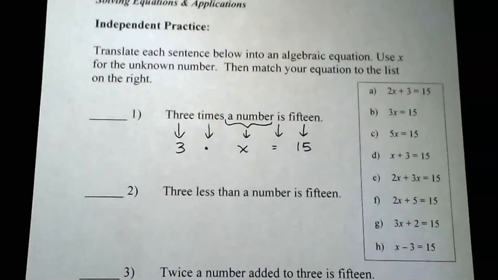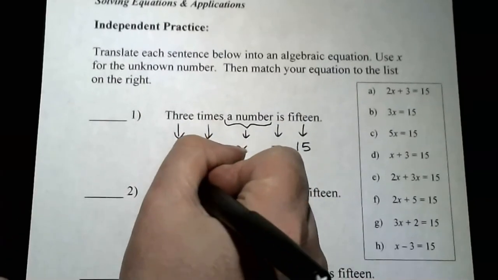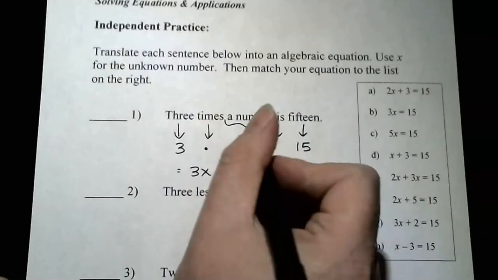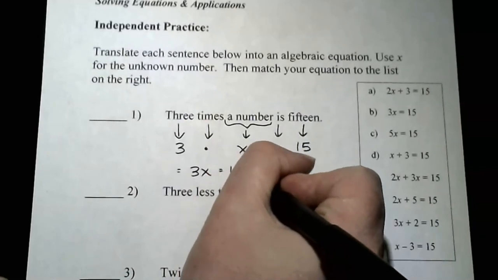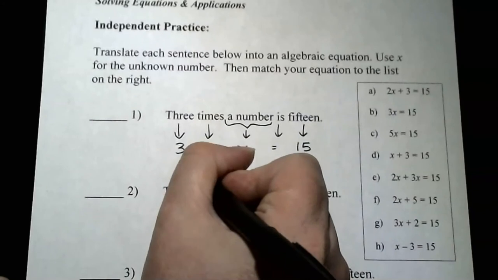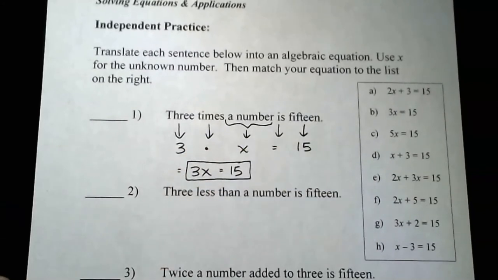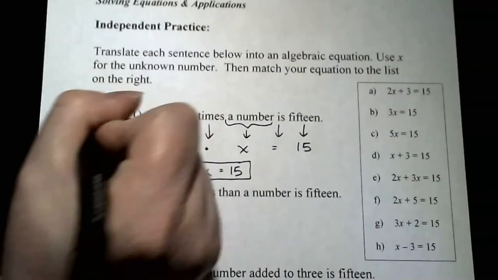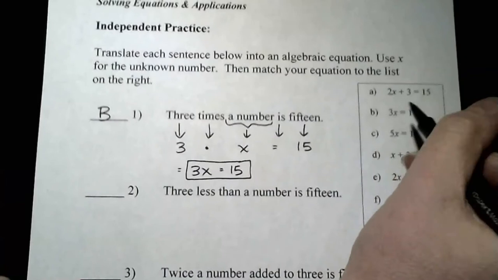So 3 times x is the same thing as 3x. So 3x equals 15 would be the translation for number 1. That makes this choice B.